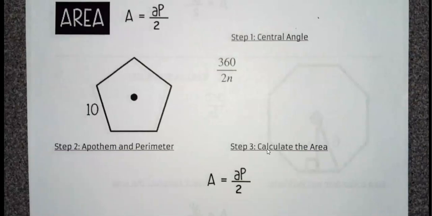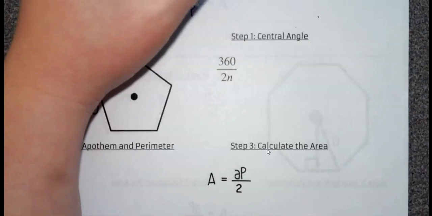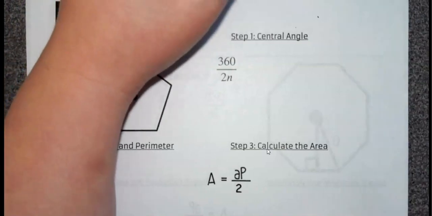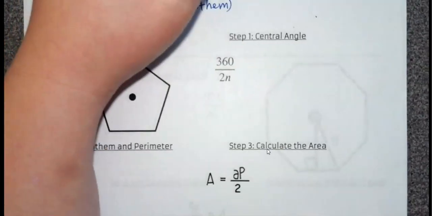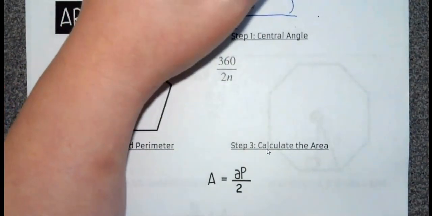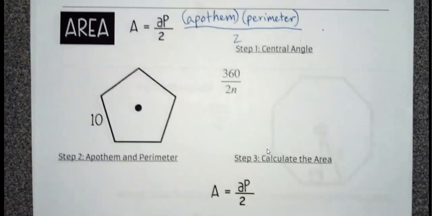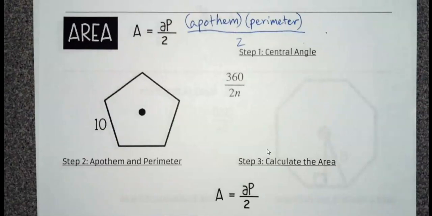In order to solve for the area of regular polygons, we're going to use this formula. Area equals apothem... Okay, think of our geometry vocabulary and think of a word that starts with a P. What do we think it is? Perimeter is correct. If you thought something else, you're wrong, but that's okay.